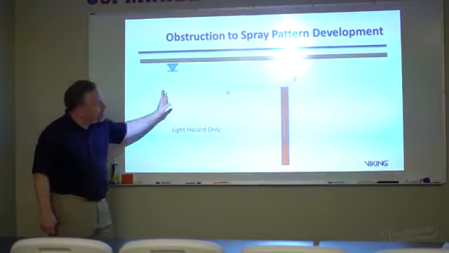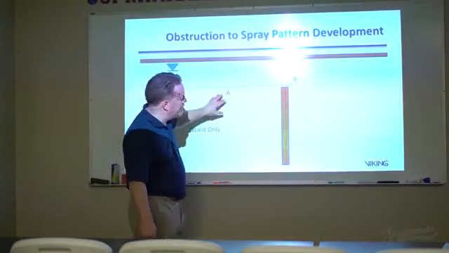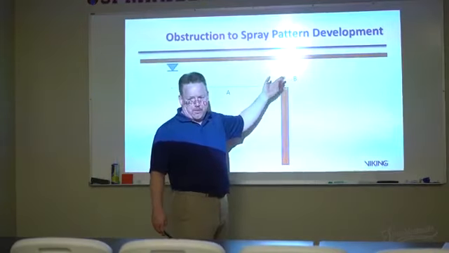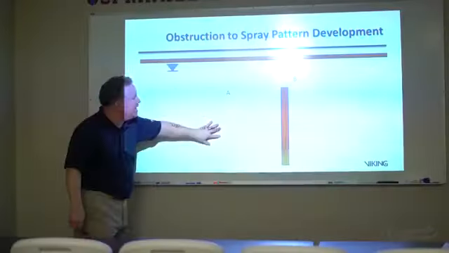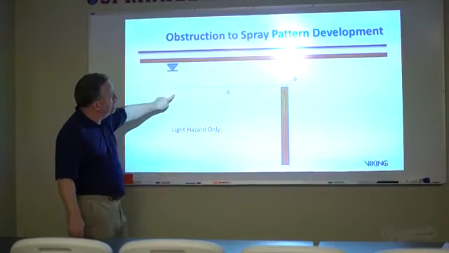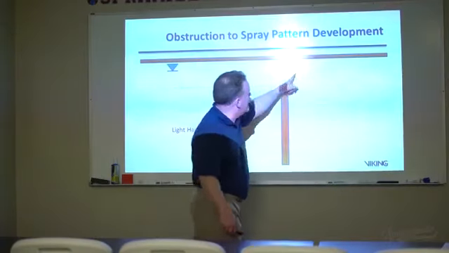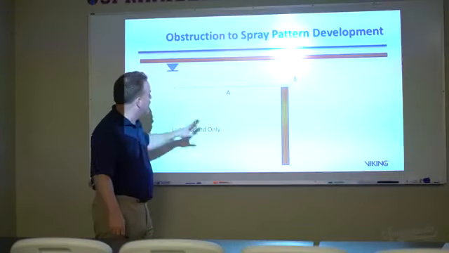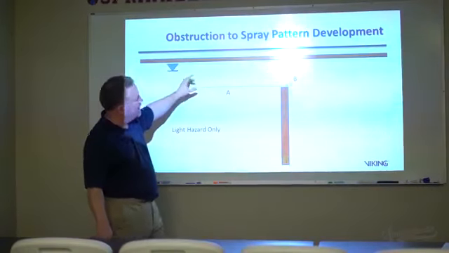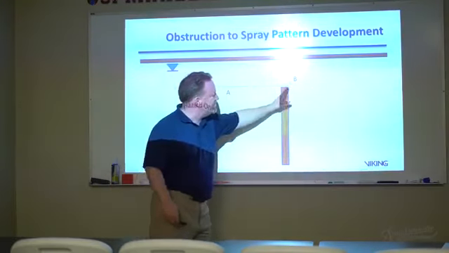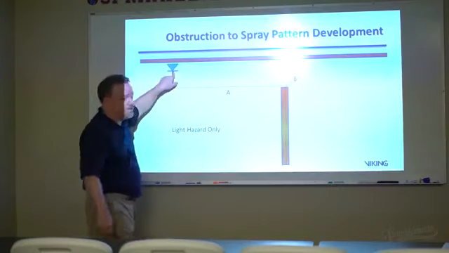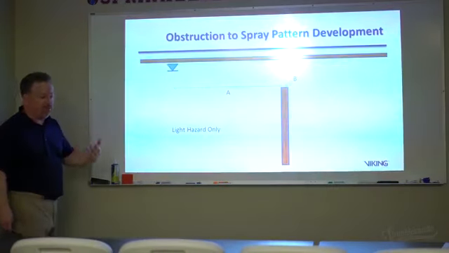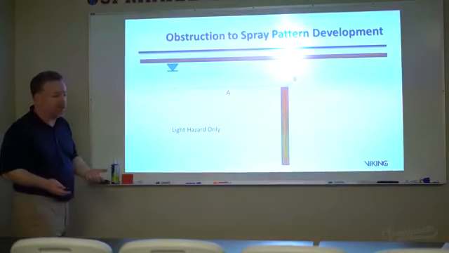Okay, another place that we need to be concerned with obstructions to the spray pattern are those that grow out of my floor. They grow up from the floor. Once again, light hazard only here, but we take a look at dimension A and dimension B, and what we see is that, depending on this distance, the sprinkler needs to be a certain distance above the top of what we call a floor-mounted obstruction.